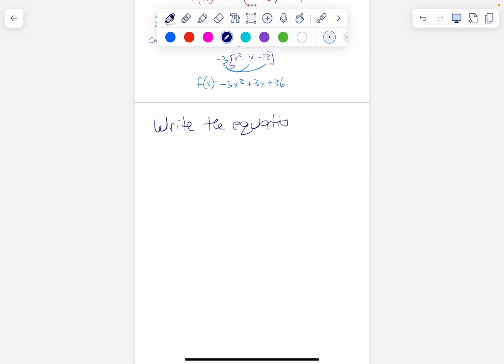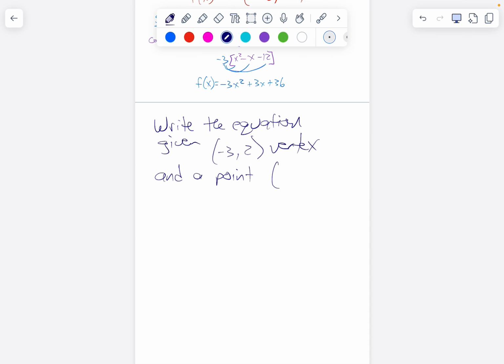So write the equation given the vertex and a point, and I'm just going to have to make this up. Let's see, 5, 10. Let's say it goes over there. Something like that. What do we need to do on these?